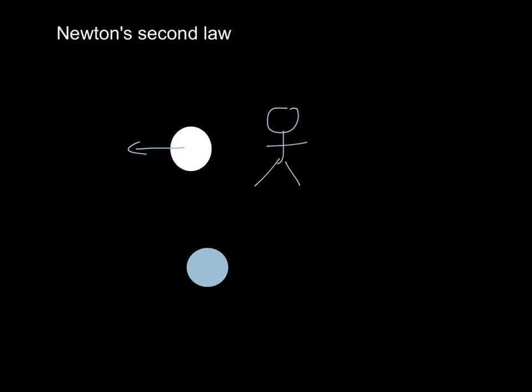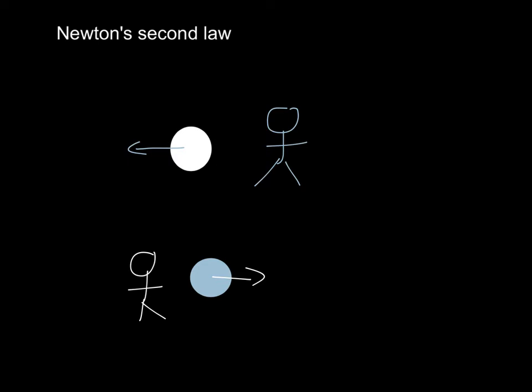If this ball is still and we want it to accelerate, well, everybody knows that we need to push it. So here's my guy, and he pushes the ball, and then the ball accelerates. Therefore, we have this idea that when there's a force, there's an acceleration. When there's no force, there's no acceleration. And the more force, of course, more acceleration.